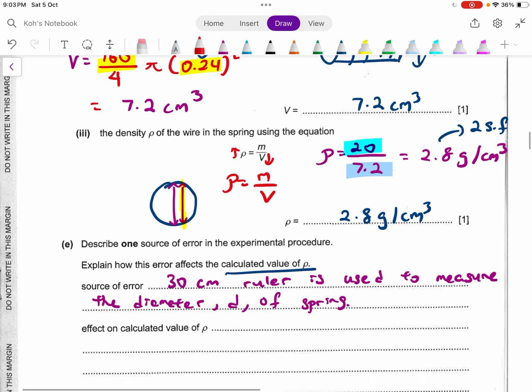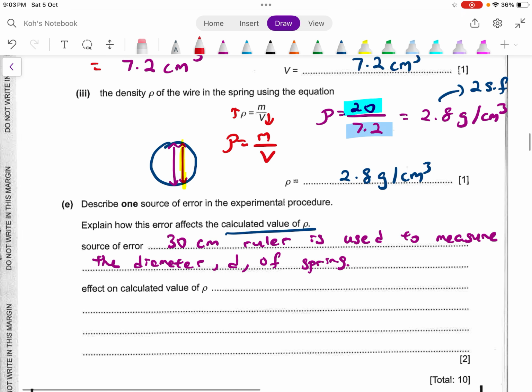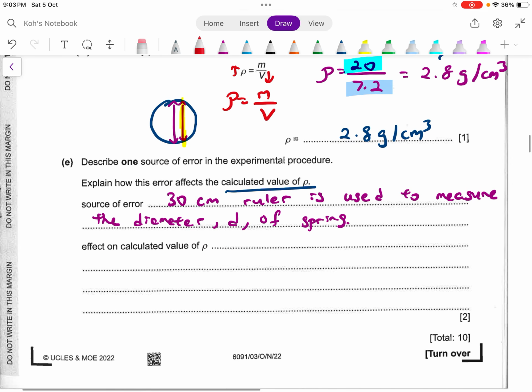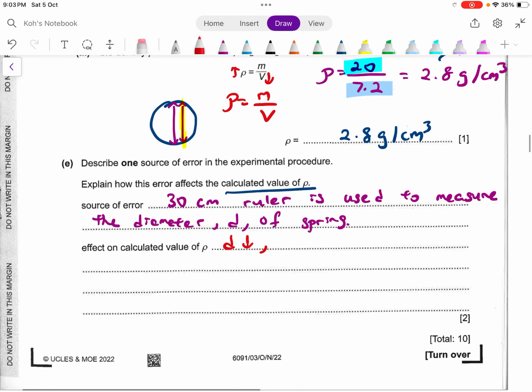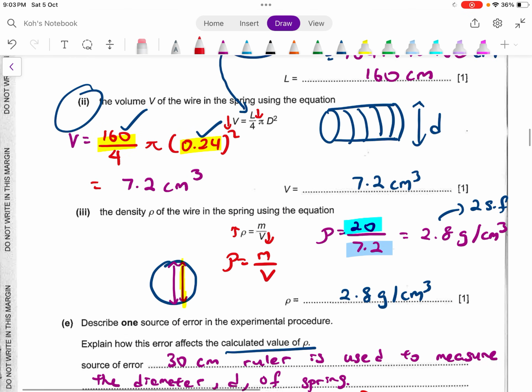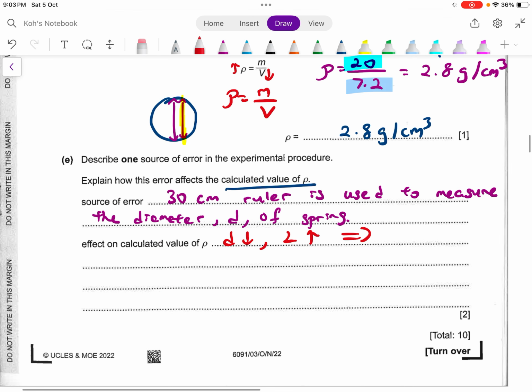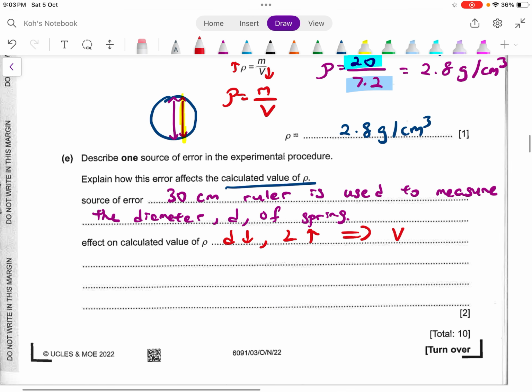So that's how we do this type of question. So always go back to the practical. So the effect on the calculated value of rho, the density, is that the small d is smaller, which will cause the big L to be bigger, which will cause the V to be bigger as well.